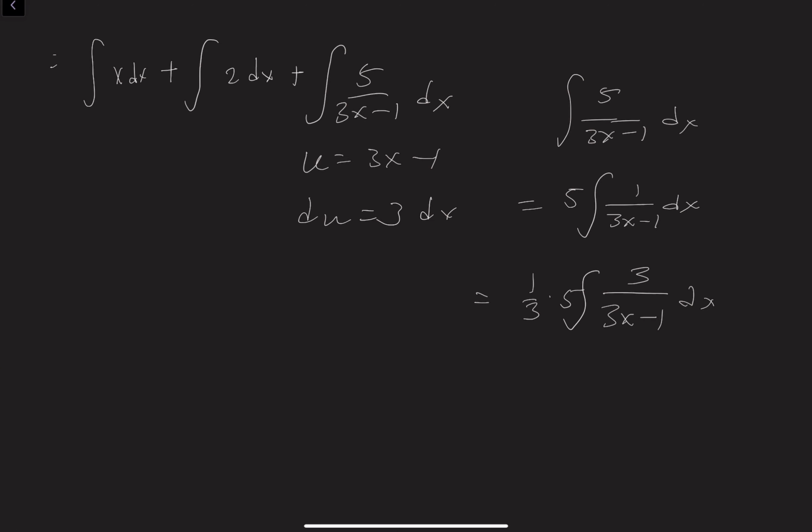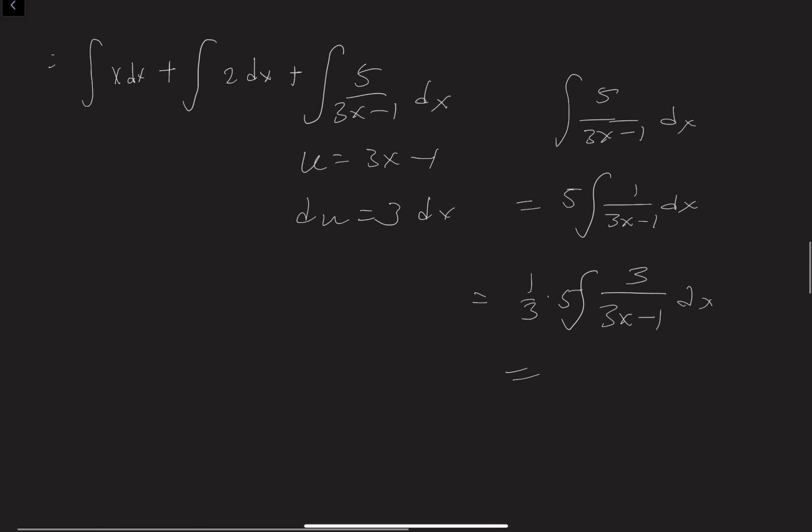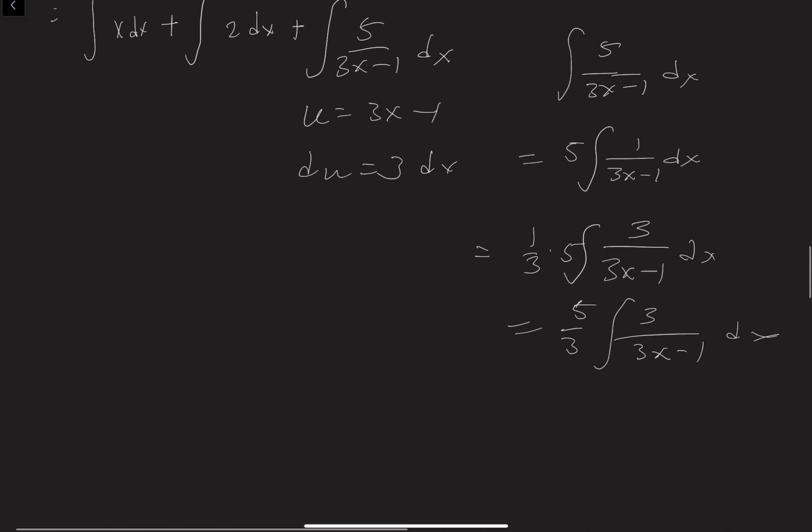So we can say that, actually let's simplify this. 5 over 3 times the indefinite integral of 3 over 3x minus 1 dx. So let's write it. So that's equal to 5 over 3 times the indefinite integral of du over u.